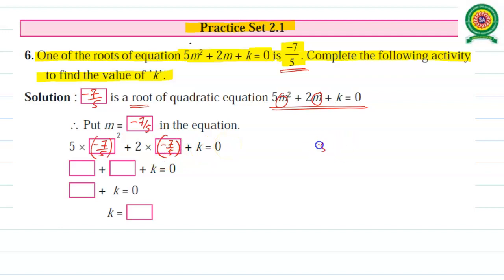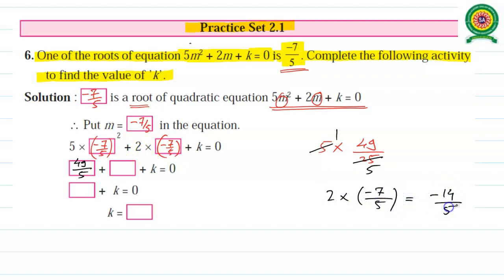Now we have 5 into minus 7 square, which becomes positive 49, and 5 square becomes 25. 5 1s are 5, 5 5s are 25, so we get 49 divided by 5. Now plus minus as a norm is minus, so 2 into minus 7 by 5 gives minus 14 divided by 5.